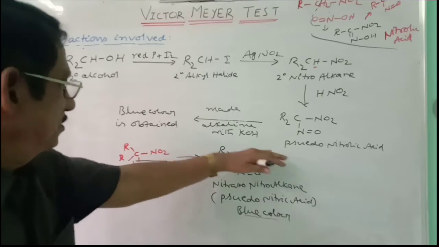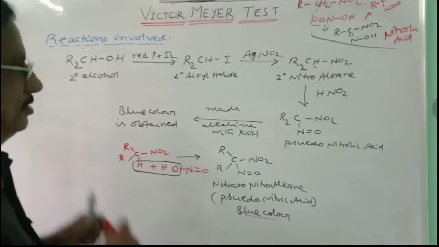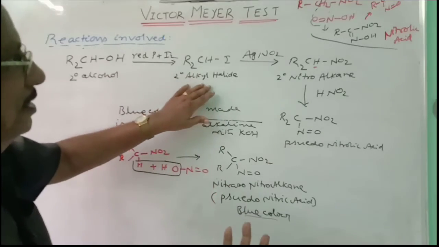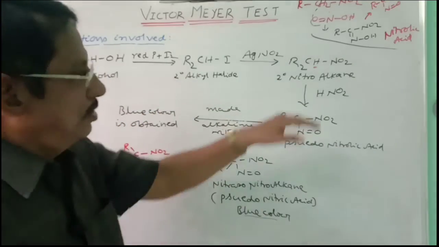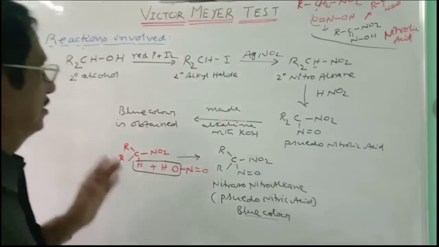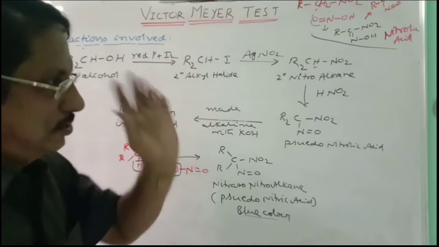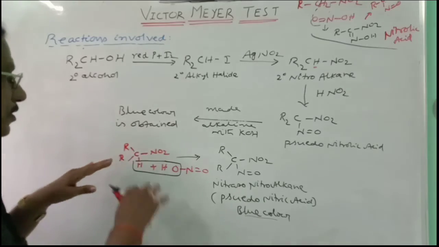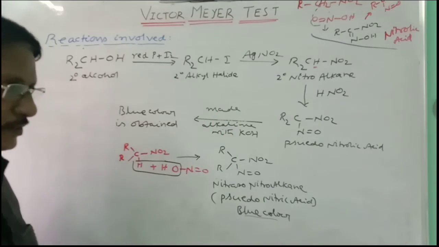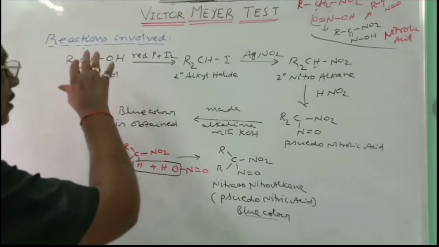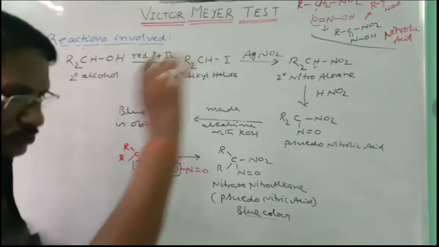Whatever color is there, that color is retained. This is the case of secondary alcohol, secondary alkyl halide or secondary nitroalkane. In this way, you can treat the secondary alcohol, alkyl halide, nitroalkane. The final result is a blue colored solution.